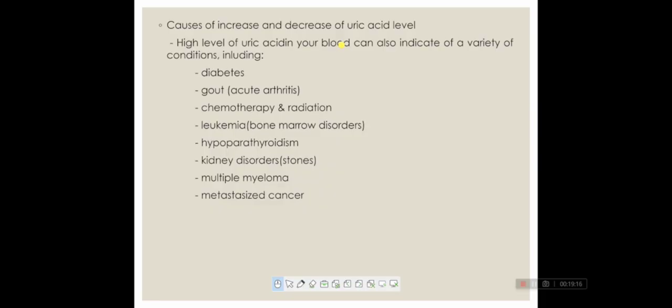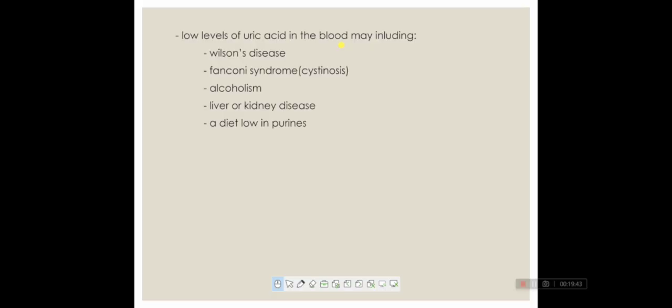So what are the causes of the increase and decrease in level? High levels of uric acid in the blood may be indicative of diseases like diabetes, gout, which is also called acute arthritis, chemotherapy and radiation, leukemia, which is the cancer of the WBCs, hypoparathyroidism, kidney stones, multiple myeloma, and metastasized cancer.